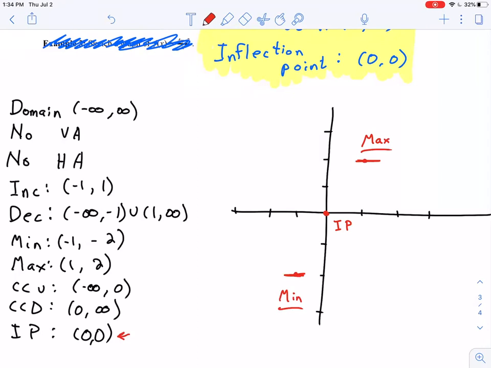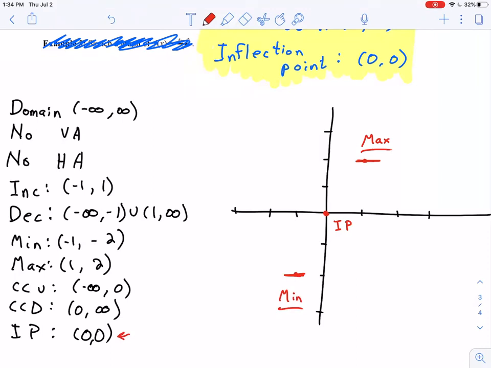We won't always have minimum and maximum values, so we may have to look at those intervals. But this is a polynomial. It's a relatively straightforward function. Yeah, we can go ahead and just look at our min and max values.